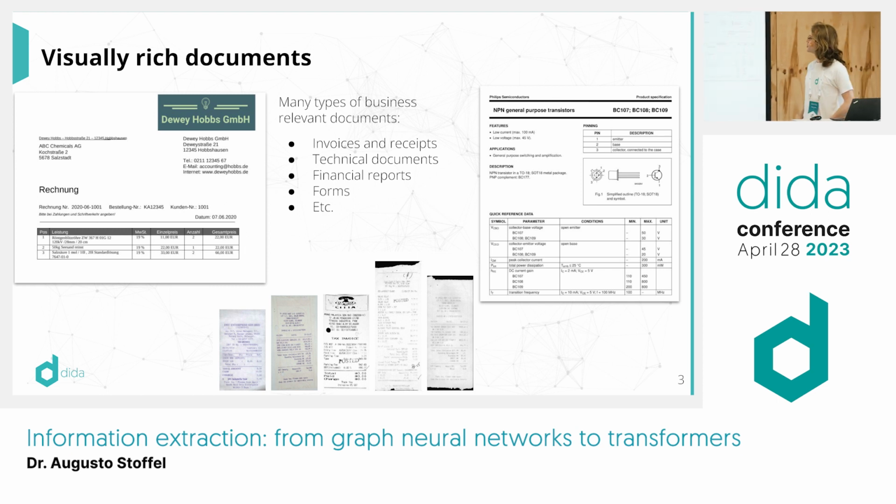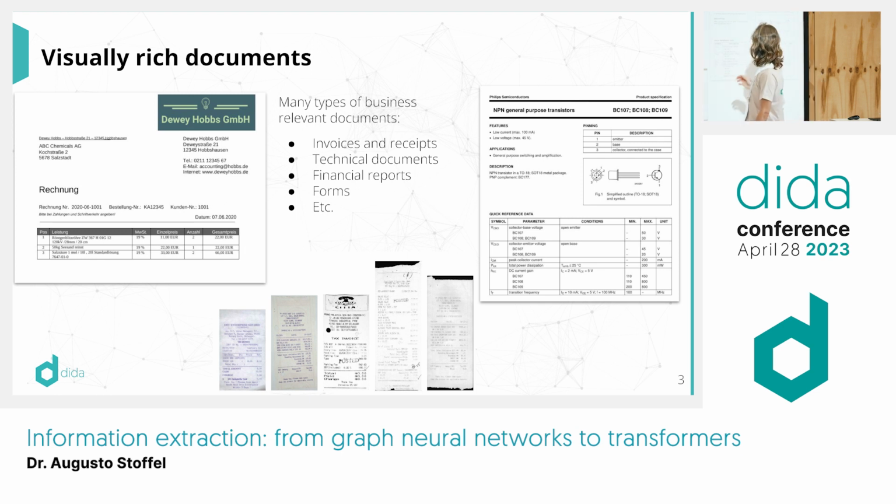All right, so just to define a bit what I mean by visually rich documents, or documents with layout, here are some examples. There are many relevant types of documents like this in various business types. Invoices and receipts; technical documents like this tend to have lots of tables; financial reports; forms that you fill in.